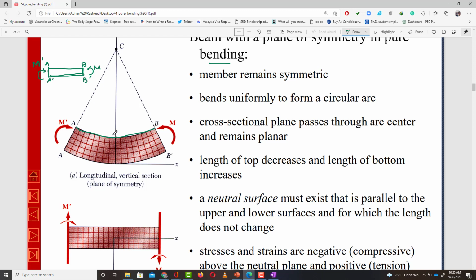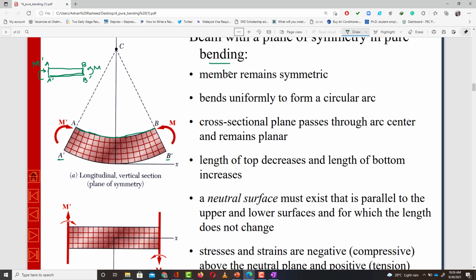The length on the upper portion is decreased, so it means there will be a compressive stress on this surface, or the surface is being compressed, while there is elongation below, in A dash B dash. So it means that this surface A dash B dash is under tensile load.